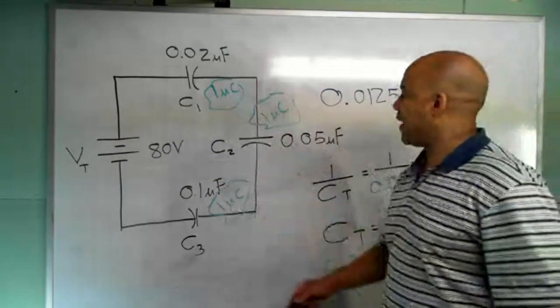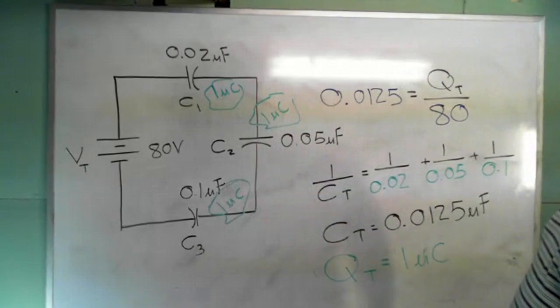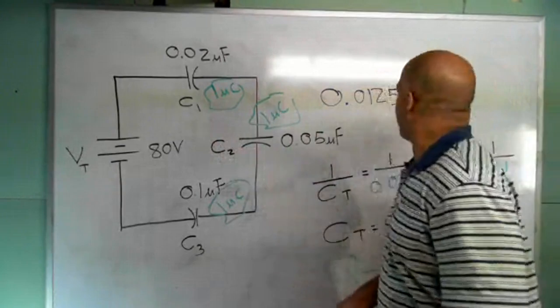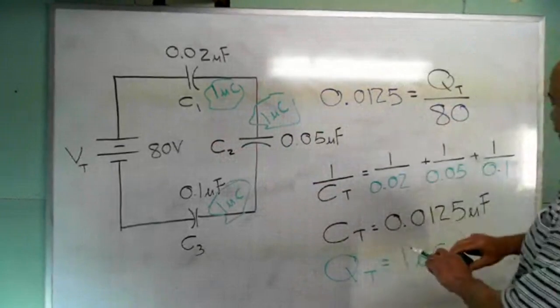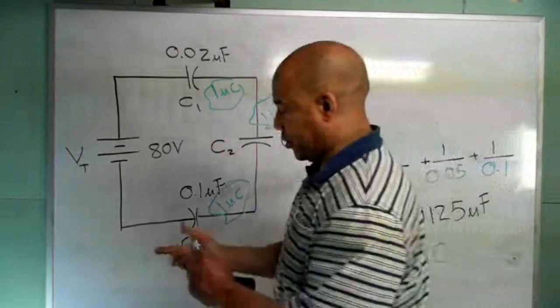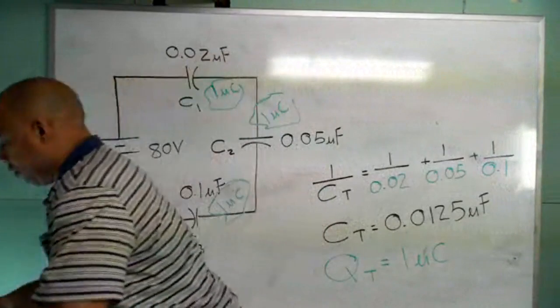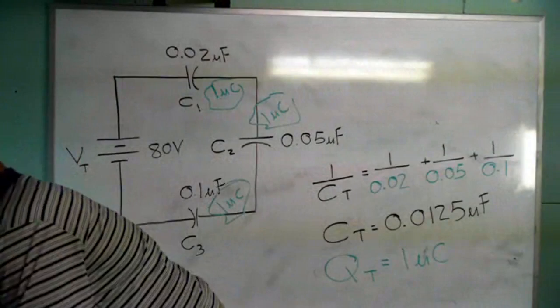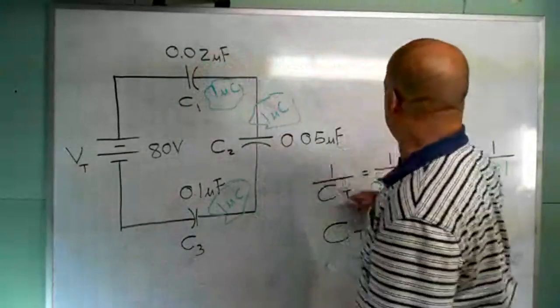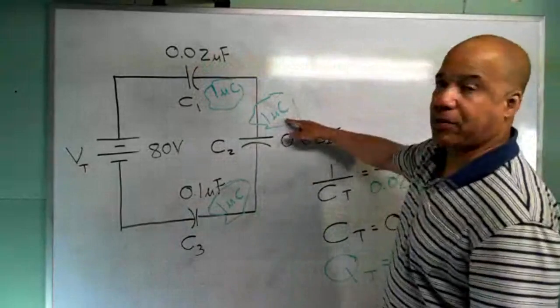So I have more information now. The only thing I have to do is figure out the voltage across each capacitor. And again, I go back to this equation. I keep using the same equation over and over again: C equals Q on V. We did it for the whole circuit before to get the 1 microcoulomb.